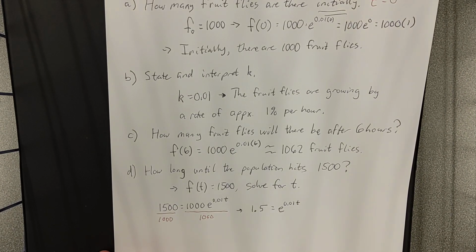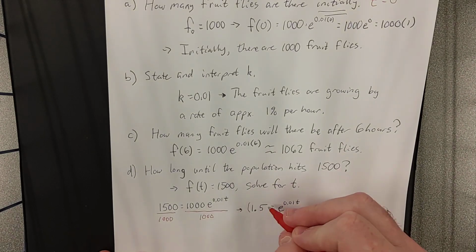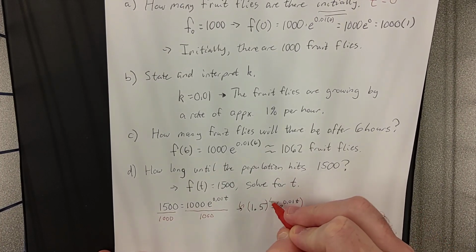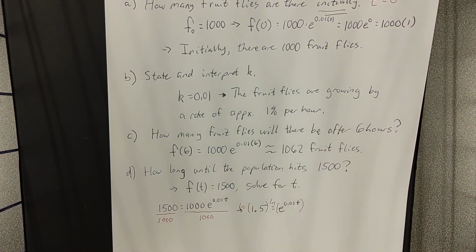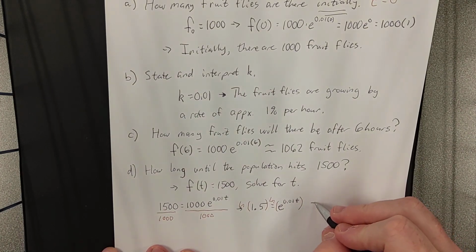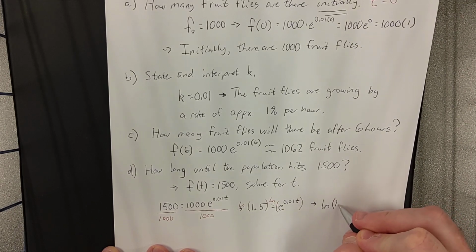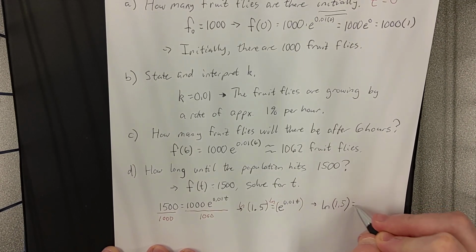The next thing that we're going to do is take the natural logarithm of both sides. The reason is a natural logarithm is the inverse function to the natural exponential. What will happen is that on the right-hand side, the natural logarithm and the natural exponential will cancel each other out.